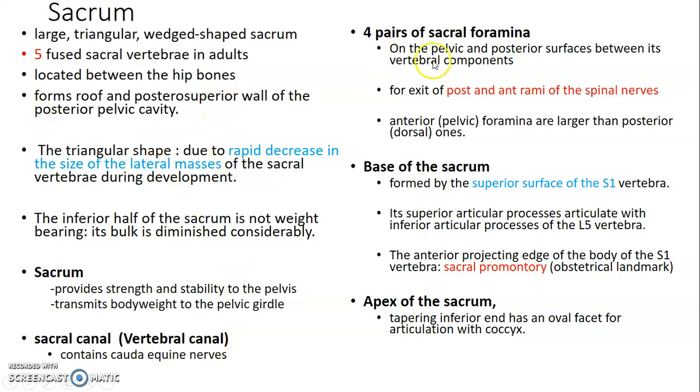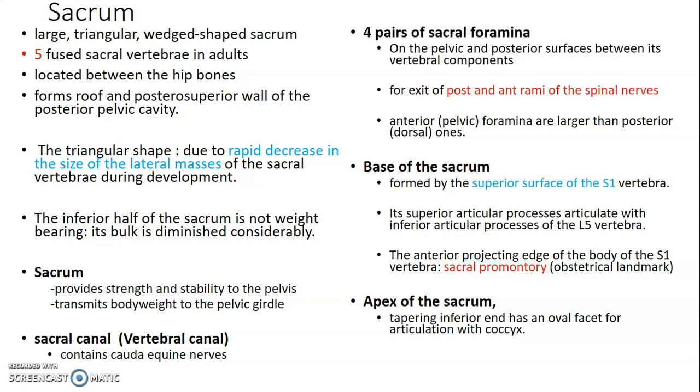We have 4 pairs of sacral foramina on the anterior and the posterior surfaces of the sacrum. These allow an exit point for posterior and anterior rami of the spinal nerves. The foramina on the anterior part of the sacrum, which are the pelvic foramina, are usually larger than the foramina on the dorsal aspect.